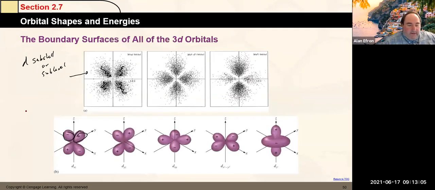And then our d orbitals, where we start on our third energy level, and this is our L value of 2. Our M sub L value runs from -2 to -1 to 0 to +1 and +2, representing the 1, 2, 3, 4, and 5 d orbitals that we have.